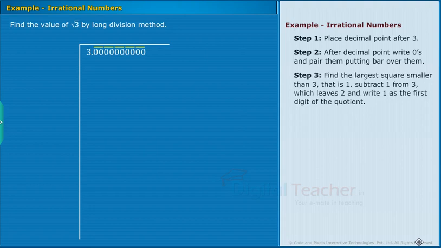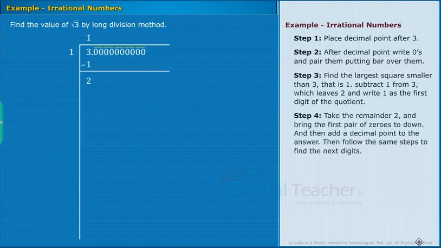Find the largest square smaller than 3, that is 1. Subtract 1 from 3, which leaves 2, and write 1 as the first digit of the quotient. Step 4. Take the remainder 2 and bring the first pair of zeros down, and then add a decimal point to the answer. Then follow the same steps to find the next digits.